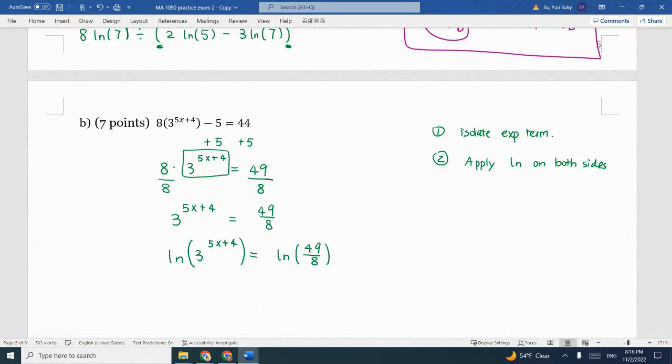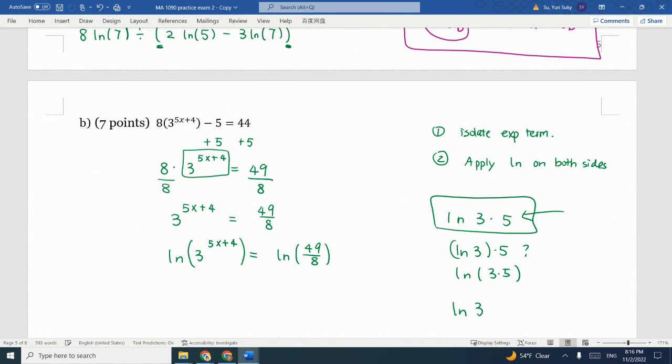You can put parentheses, or if you don't put parentheses, that's okay. They mean the same thing. If you have something like ln 3 times 5, this is confusing because we don't know if it's ln of 3 times 5, or ln of 3 times 5. But if we have ln 3 to the 5, this is okay.